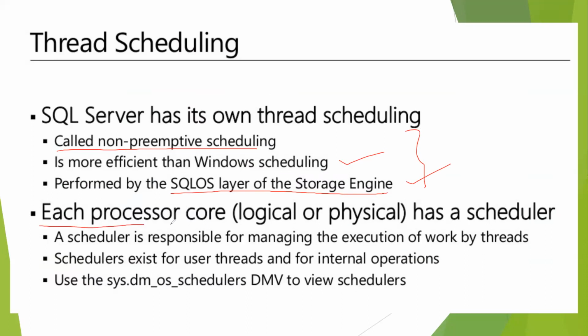Each processor, what we call a physical processor, has a scheduler. The reason we mention logical or physical is that if it is a virtual machine, we call it a logical processor; if it is a physical machine, we call it a physical processor.